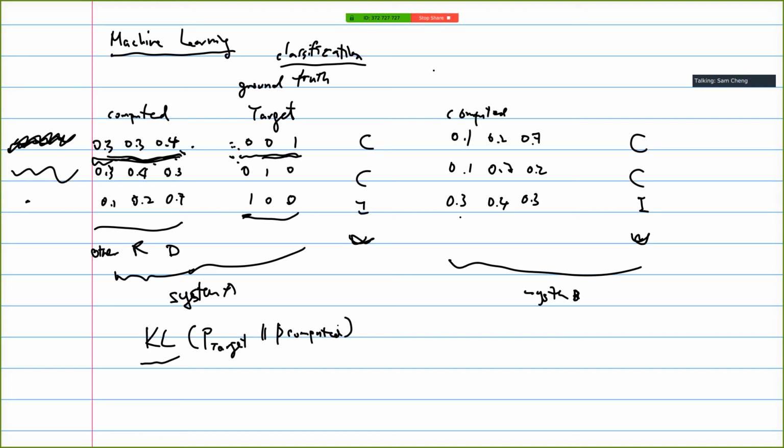And then in this case, I can write this as P target log P target.